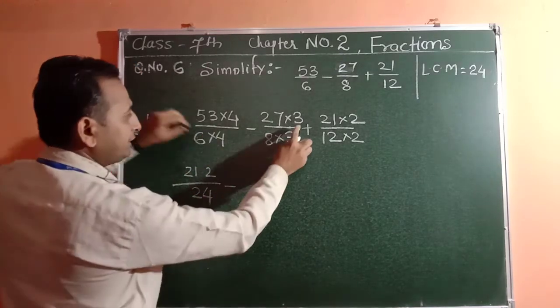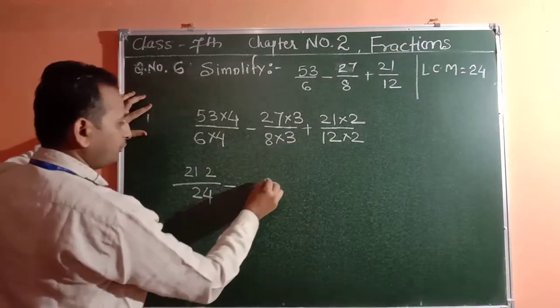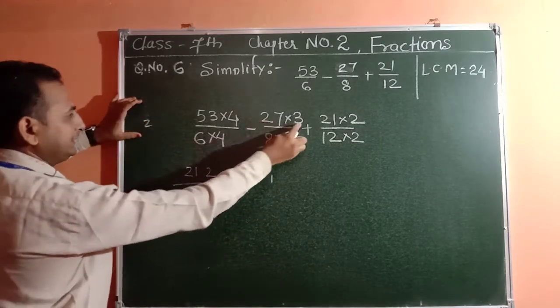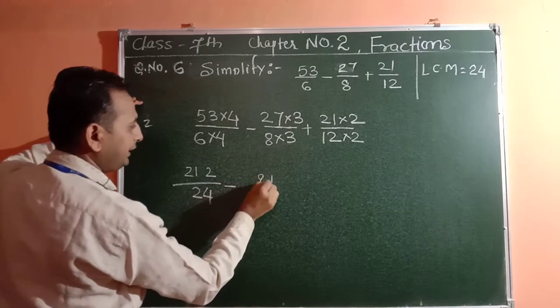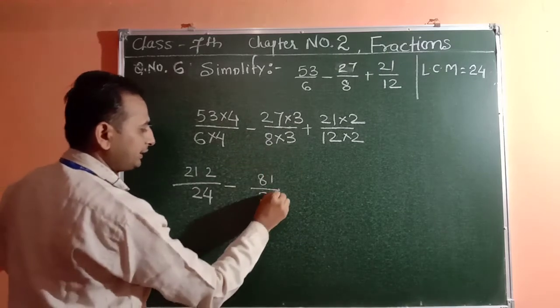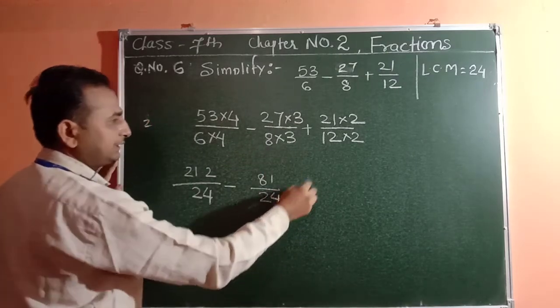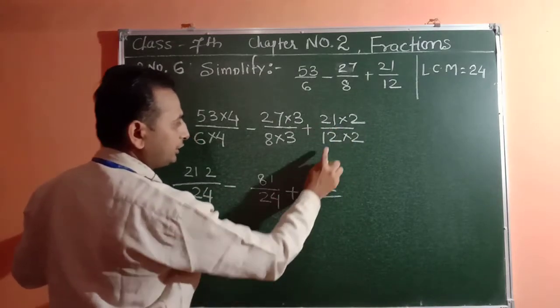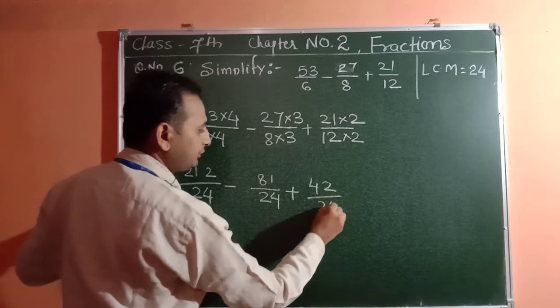Minus 3 sevens are 21, carry over. Now next, 2 threes are 6 plus 2, 8, upon 8 threes are 24. Plus 2 ones are 2 and 2 twos are 4. 12 into 2 is also 24.